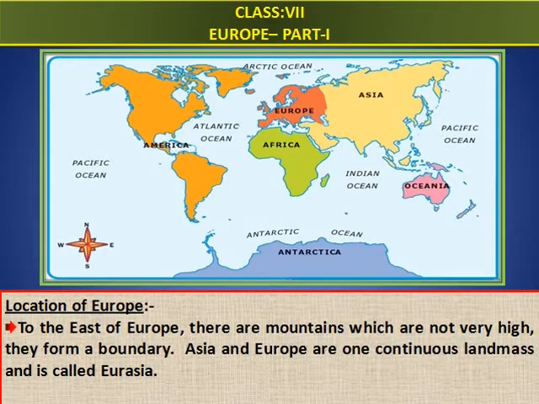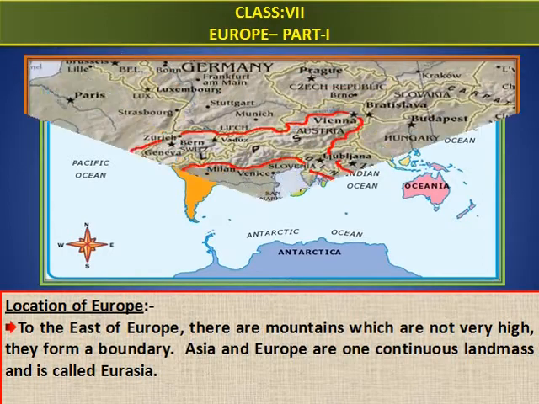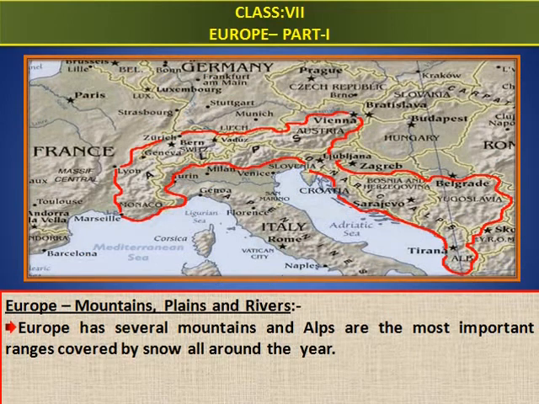Now let us learn more about the mountains, plains and rivers of Europe with the help of a map. Europe has several high snow-covered mountains. The Alps are the most important ranges, covered by snow all round the year.